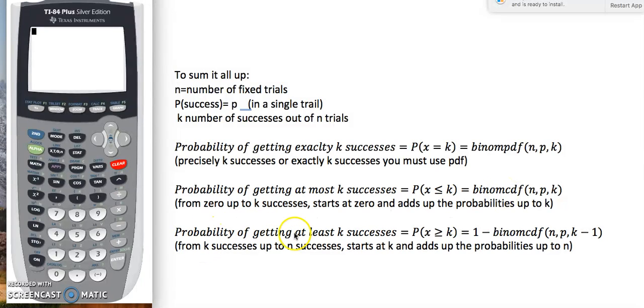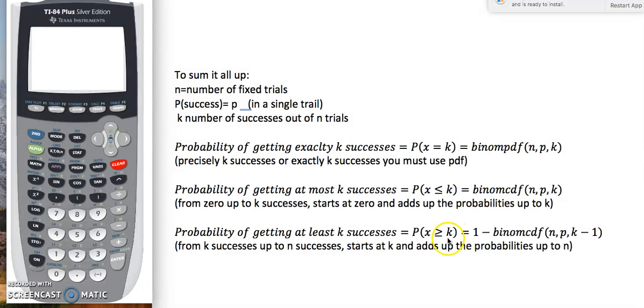So the probability of getting at least k successes. Well, what this means is you're starting at k and adding up the probabilities until you reach n. So that's the probability that x is greater than or equal to k, which is equal to 1 minus binomial CDF. You type in n, p, and you have to do 1 less than whatever this k is here.